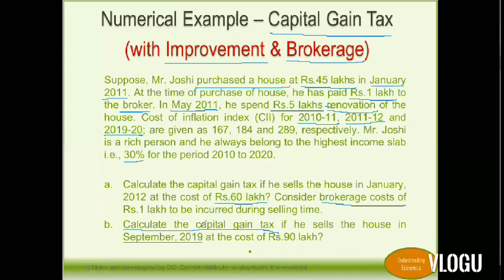So a longer period of holding is involved when we are considering question B, and a shorter period is involved when we are considering question A. And the cost of selling, if he sells the house in September 2019, is 90 lakh rupees. Now we have grabbed all the information and we will proceed further to solve this problem.